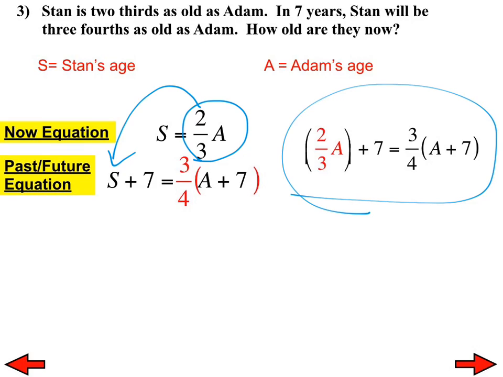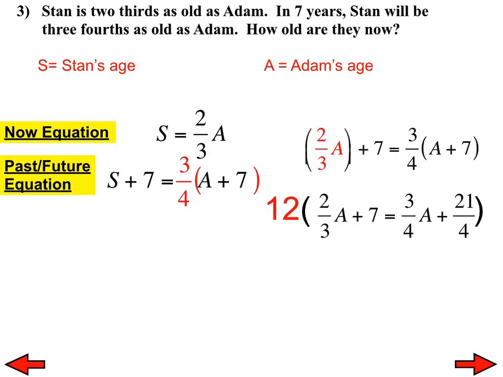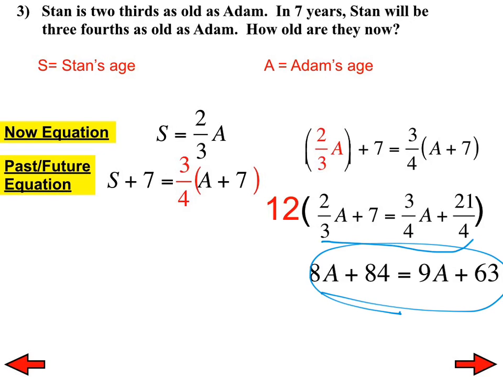That's how I got what I have right here. I'm going to use the distributive property, and it's at this point that you should use the multiplication property of equality, in my opinion, and multiply everything by 12 to get rid of all the fractions in there. You are way less likely to make a mistake, and you have to admit that this looks much easier to deal with than the mess that we had right there.